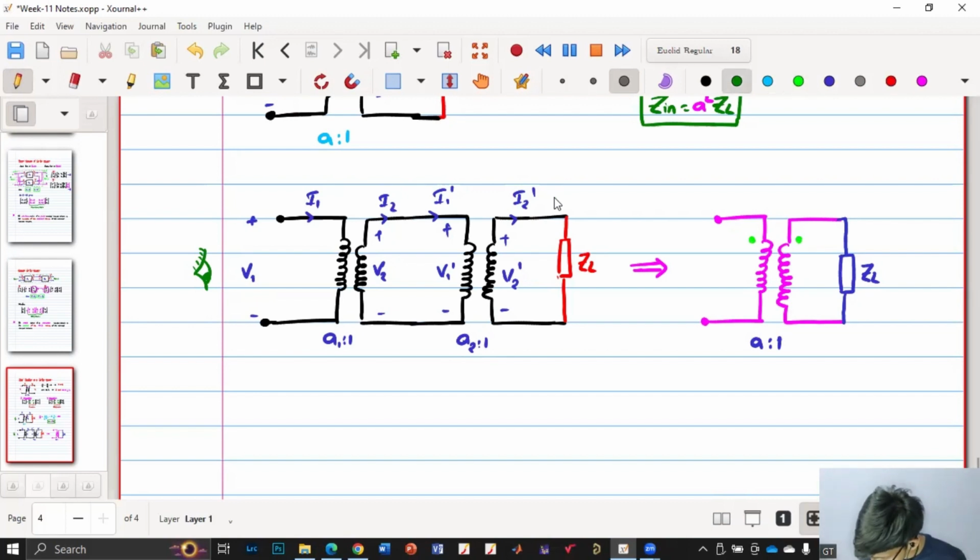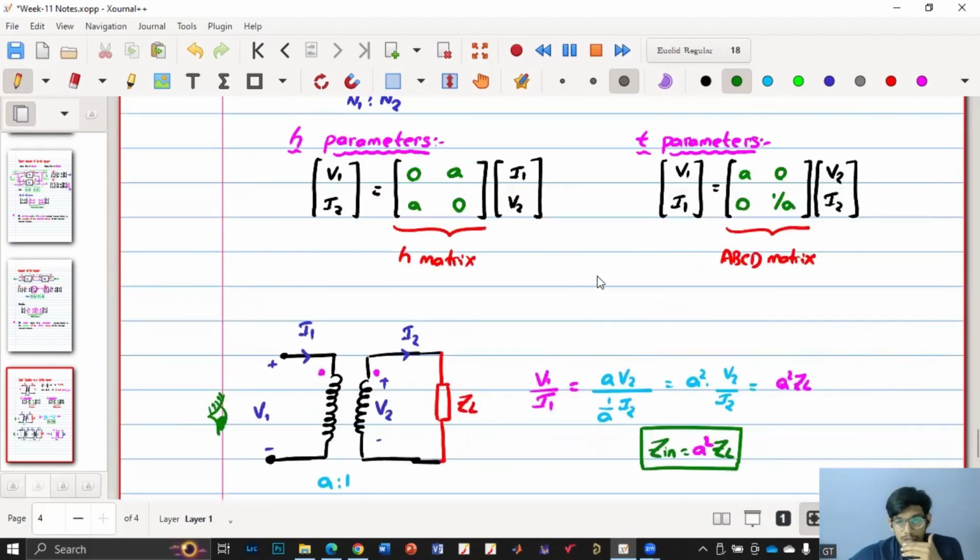So now basically we are looking from this side and we are getting the impedance, right? So basically I have considered this entire thing as a single transformer. So as they're connected in cascaded format, what product can I consider? I can consider the product of the ABCD parameters. So I'll consider this [A 0; 0 1 by A].